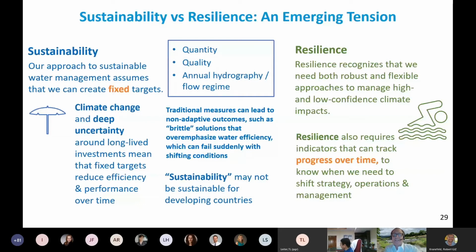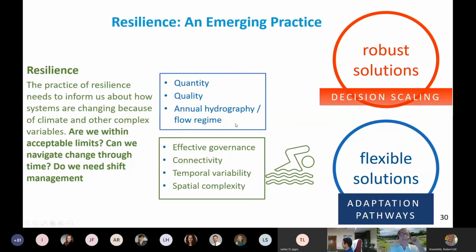Resilience, though, recognizes we need both robust and flexible approaches to manage high and low confidence climate impacts. And it also requires that we have progress over time. And how can we measure this on resilience without resorting to the purely structural sustainable indicators we've had? And last slide here. Thank you.